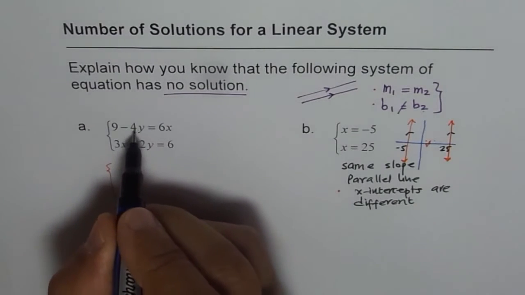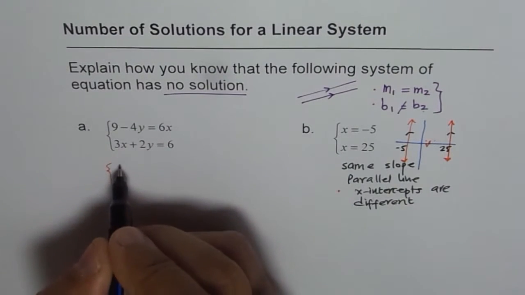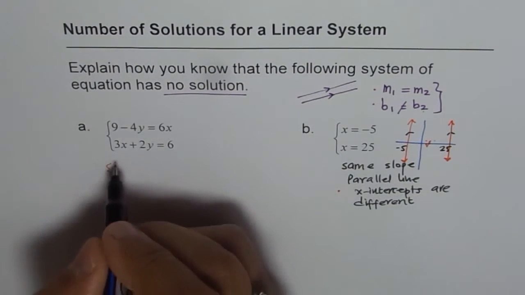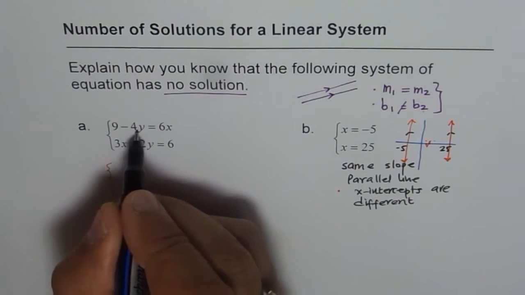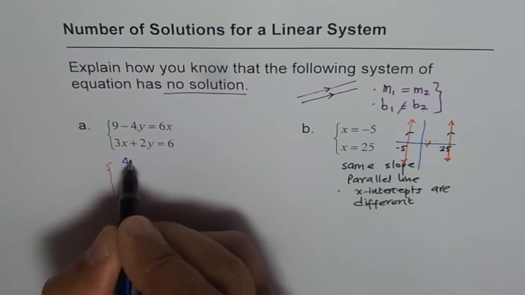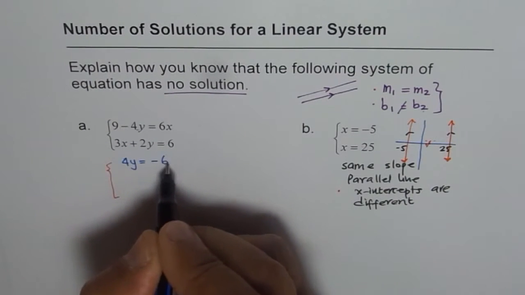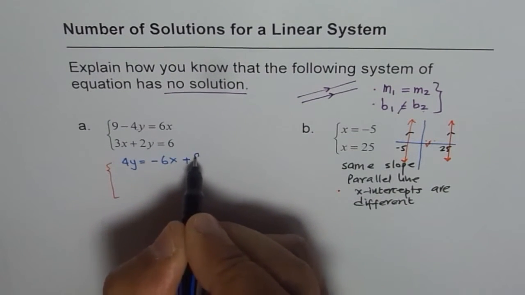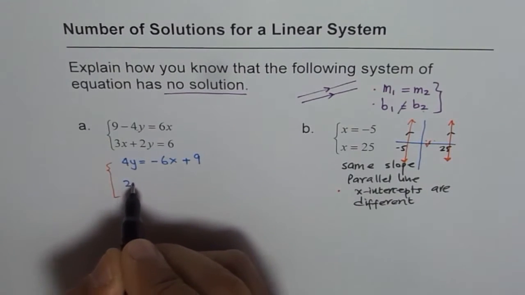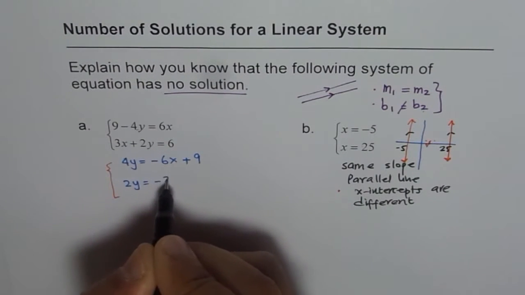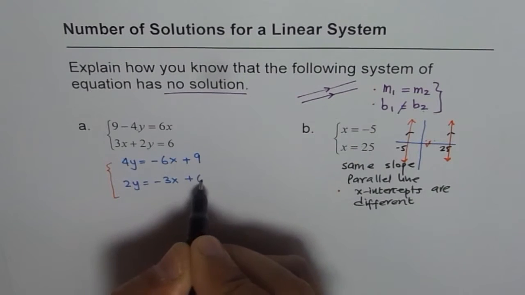If I isolate y, what do I get? Let me do it in two steps. First, I'm bringing 4y to the right side, so I get 4y equals minus 6x plus 9, and here I get 2y equals minus 3x plus 6, correct?